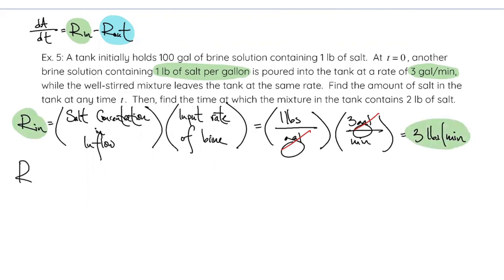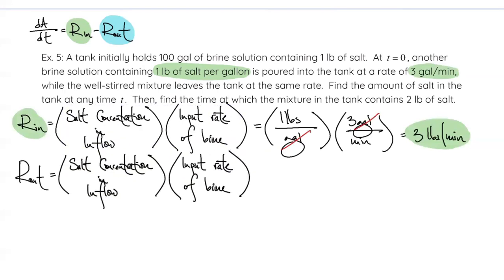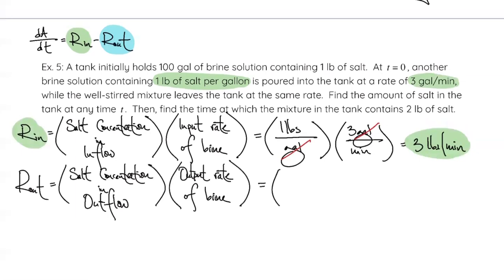All right, let's find our rate out. We're going to change our inflow to outflow, our input to output, like we did before. And we're going to fill in the numbers. So the salt concentration in the outflow, well, we're going to have a certain number of pounds. And how many gallons are in the tank? 100 gallons.